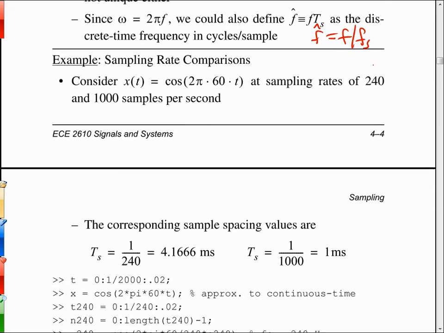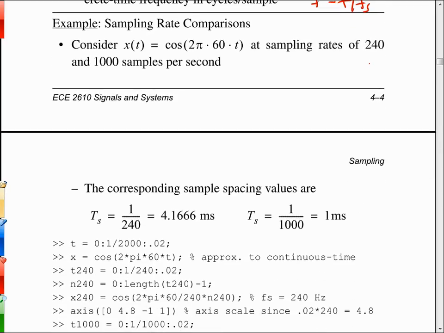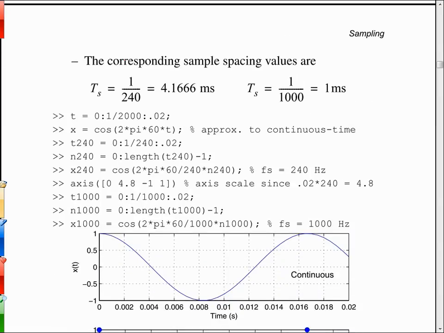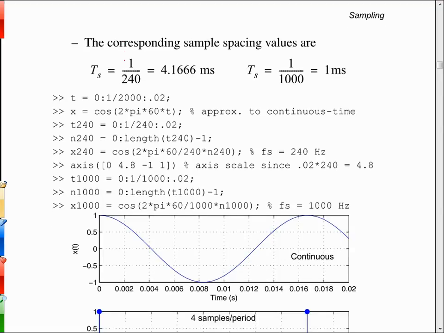So let's take an example and start seeing what goes on here. We've got a 60 hertz sinusoid. We're going to sample it at either 240 samples per second or 1,000 samples per second. So with the 240, the sample spacing is 4.1666, etc. milliseconds per sample. And with the 1,000 hertz sampling rate, the spacing is 1 millisecond.